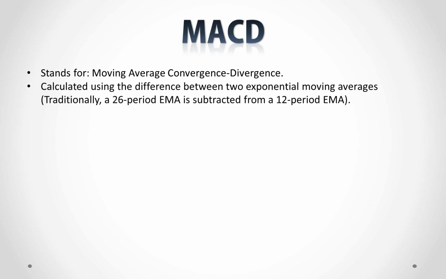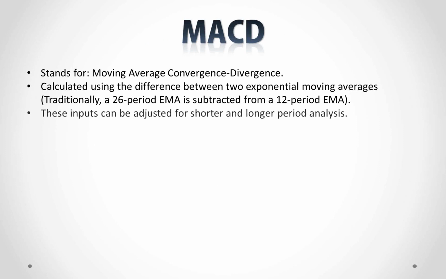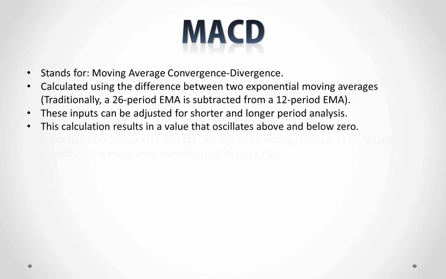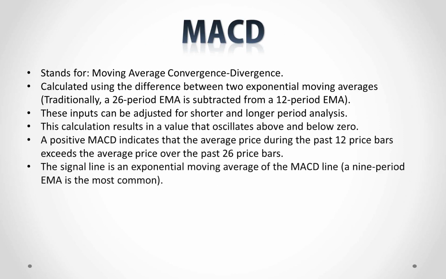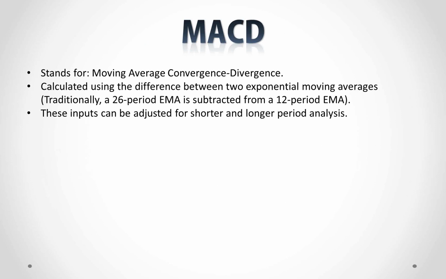So if you were looking at the input values when you're setting up this indicator, usually the default is going to be 26, 12, and then there is a signal line, which is usually going to be a 9-period moving average. Obviously you can adjust these based on your personal preference, but this is just the typical default setting.